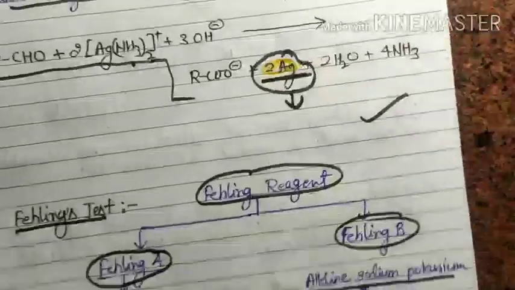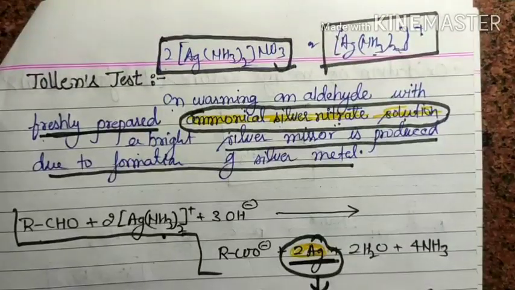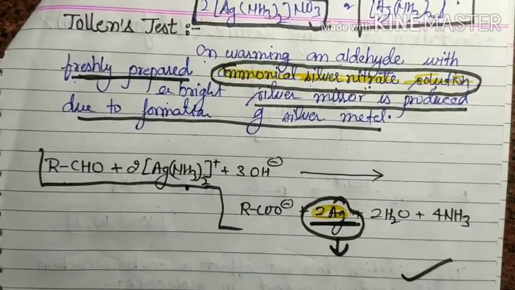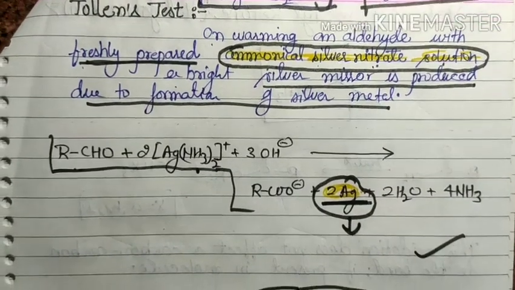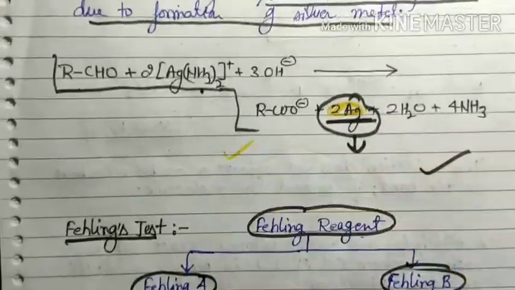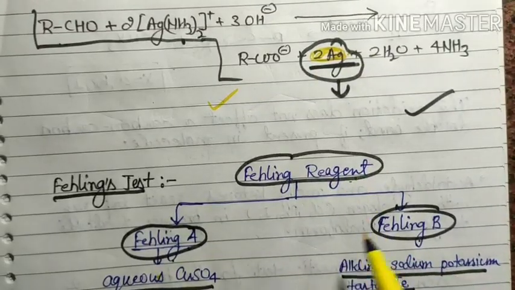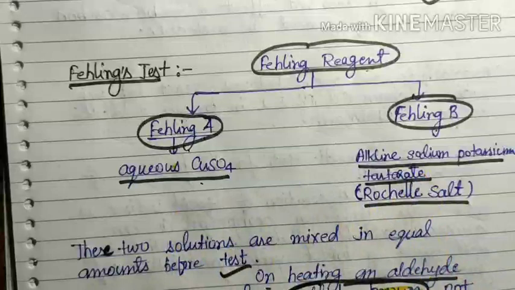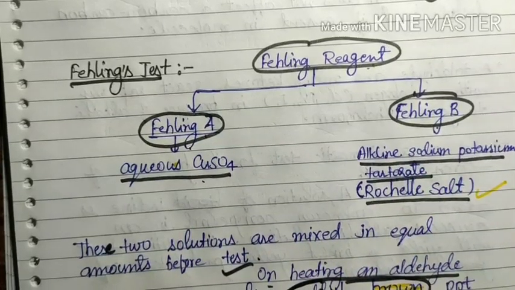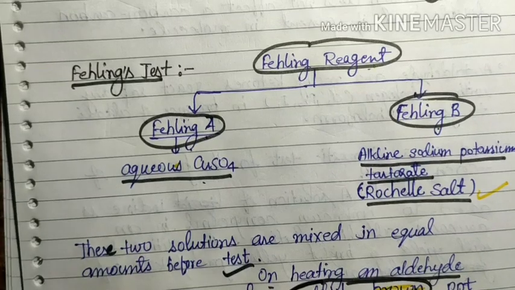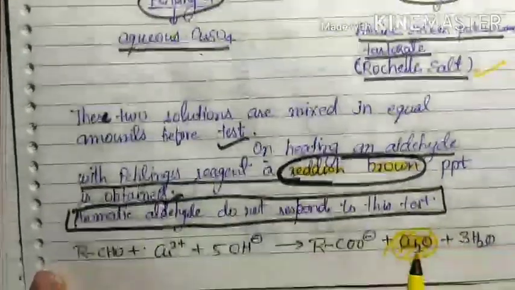To sum up the Tollens test: it uses ammoniacal silver nitrate solution, which reacts with an aldehyde to give a silver metal deposit, and this is the reaction for it. In the Fehling test, you should know the Fehling reagent, Fehling A and Fehling B, and what each is. A reddish brown precipitate of Cu2O, copper oxide, is formed, and aromatic aldehydes do not respond to this test.